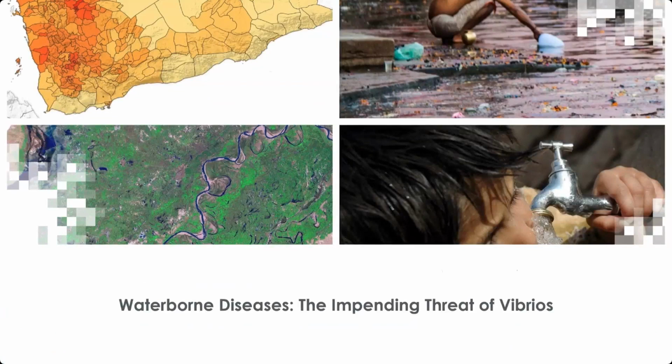Vibrios pose an inherent threat to human population, and Vibrios are autochthonous to the aquatic environment, meaning that they are going to be present in and around coastal waters, in freshwater systems, given the conditions are appropriate for their growth. So we will take the example of Vibrios and then develop the models and modeling systems for understanding the risk of exposure to human population.